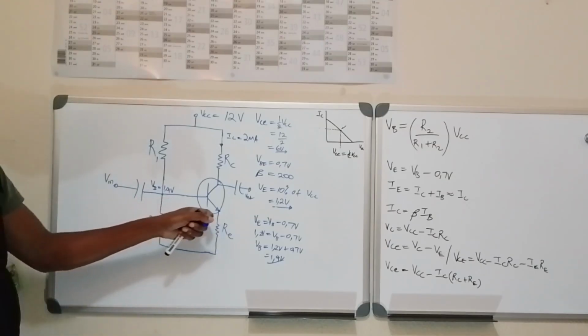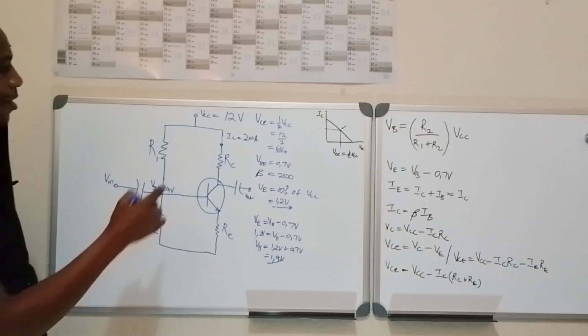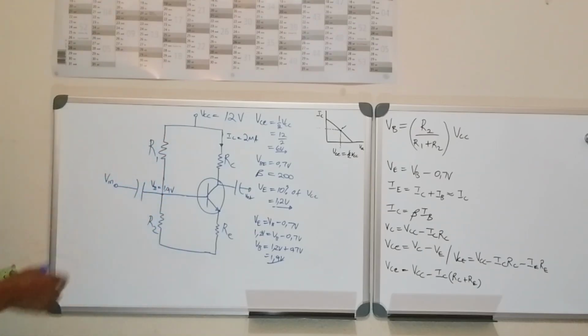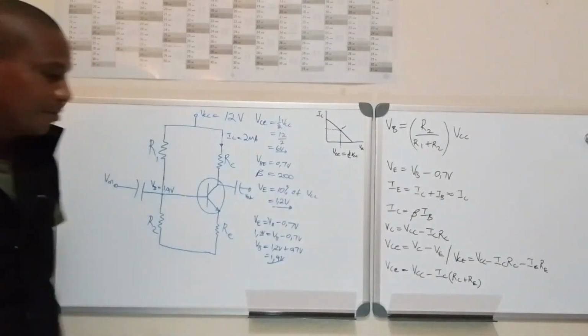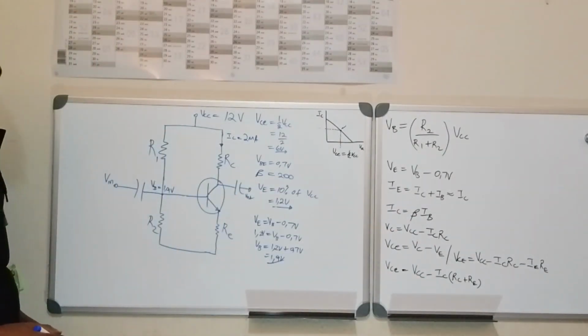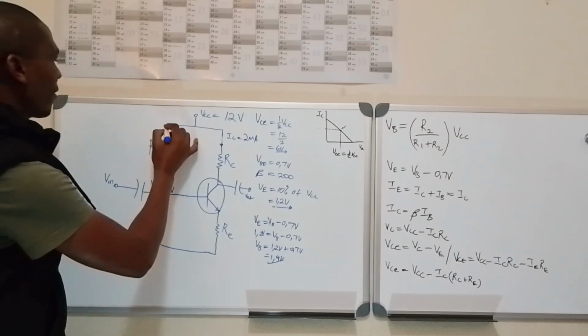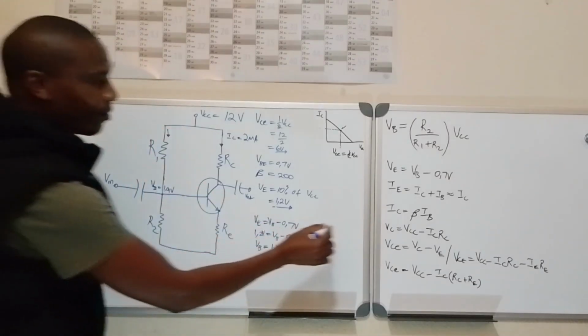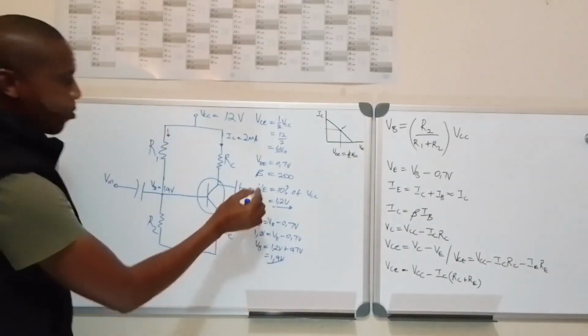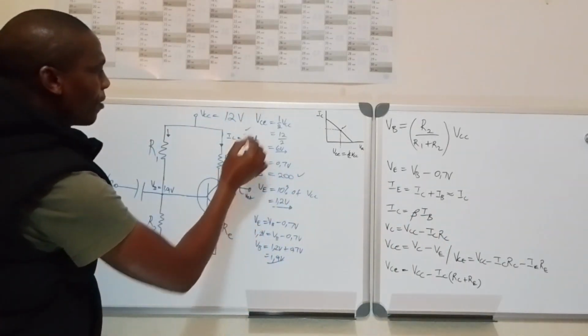Now with VB, VE, VCE, we can calculate the values of the resistors using these formulas here. We can also calculate IB, because we have beta and we have IC.